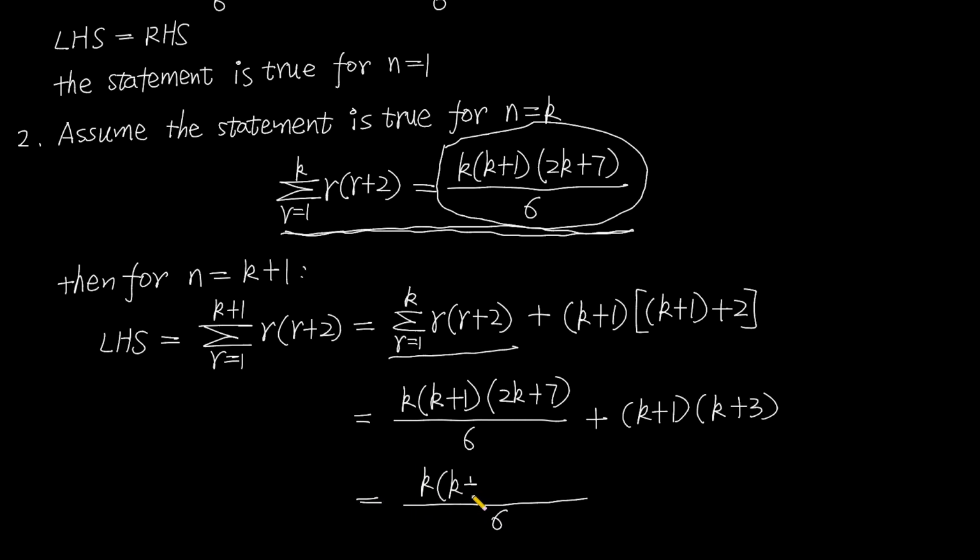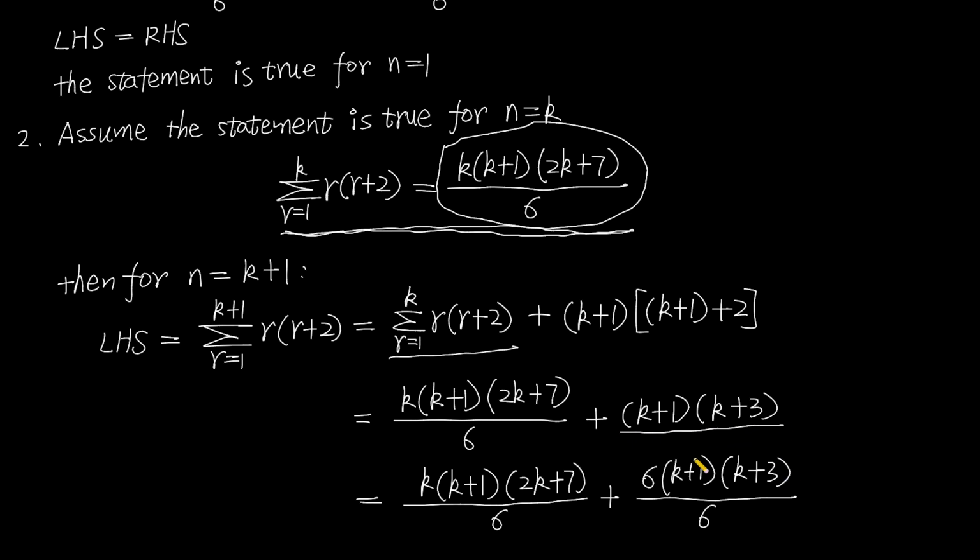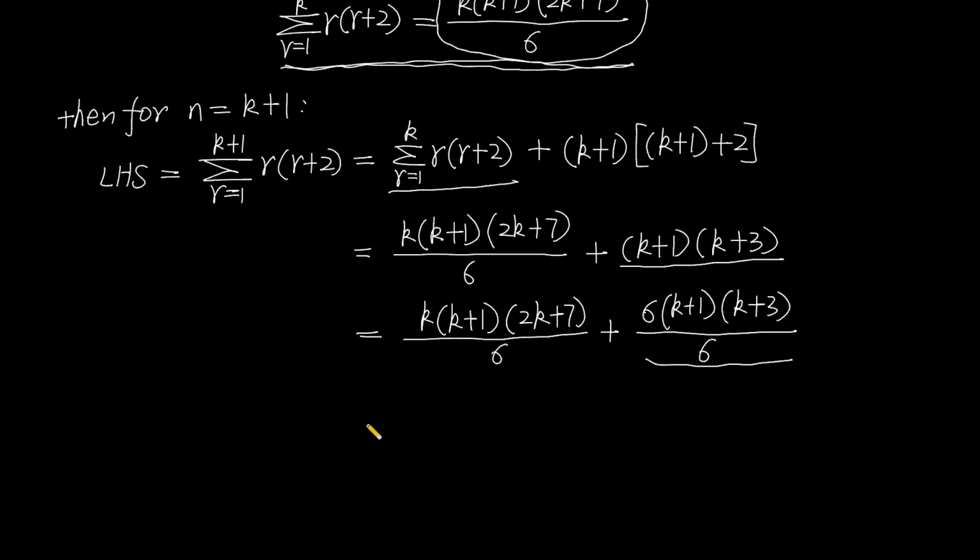k(k + 1)(2k + 7) over 6, now plus, here, 6 over 6 multiplied by (k + 1)(k + 3). So we change this term to this form. Then this equals (k + 1) over 6.